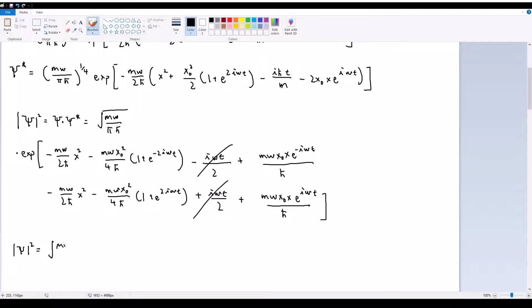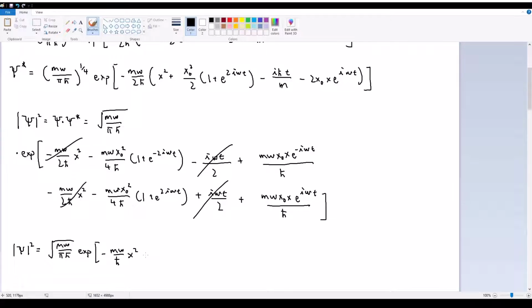the square root of m omega over pi h bar times the exponential of, let's see, these two terms add, so we're left with minus m omega over h bar times x squared. That gets rid of these two.